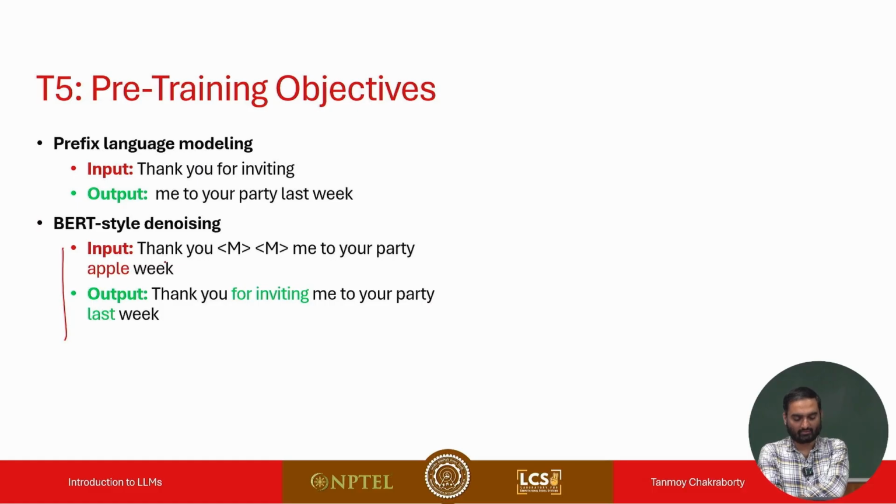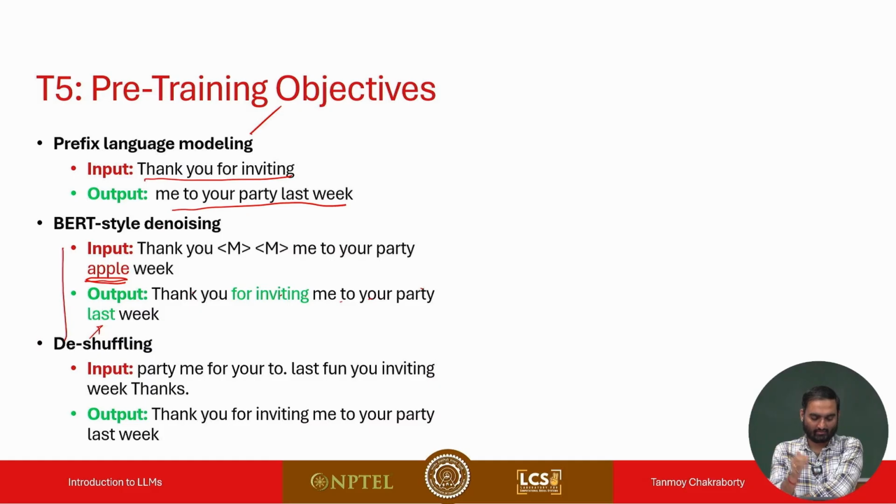For example, your input is 'thank you, mask, me to your party', and your output would be 'thank you for inviting me to your party'. An interesting point is that sometimes you also corrupt, you replace a token by another token. For example, 'Apple week', and your task is to predict this as 'last week'. If you do prefix language modeling objective, for example, your input is 'thank you for inviting' and your output will be 'me for your party last week'. You basically predict the next set of sequences.